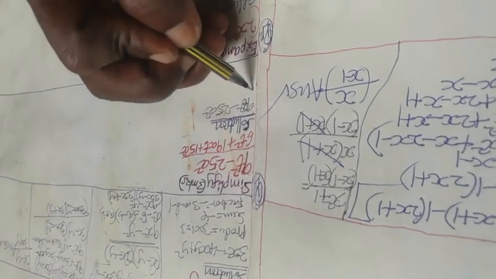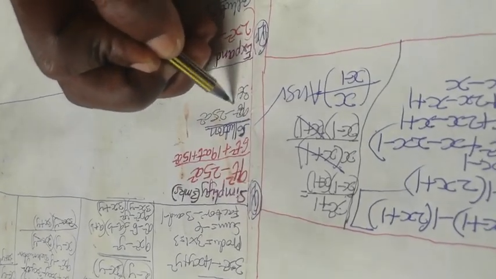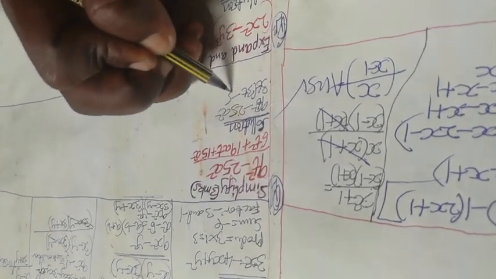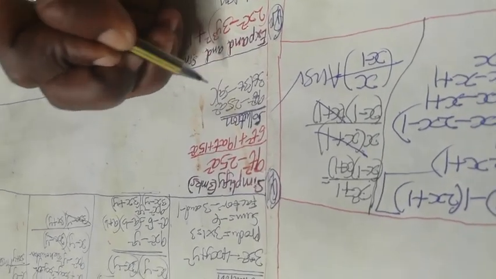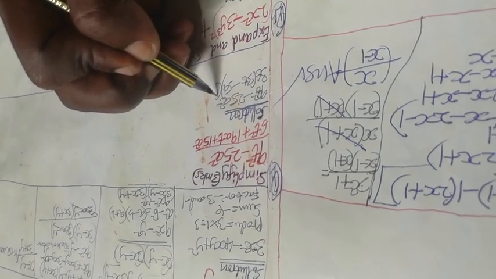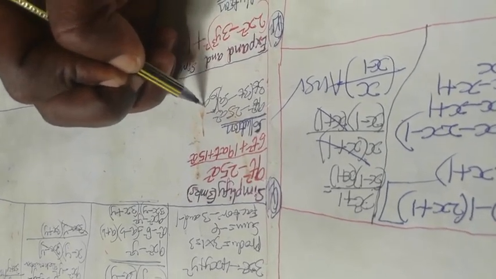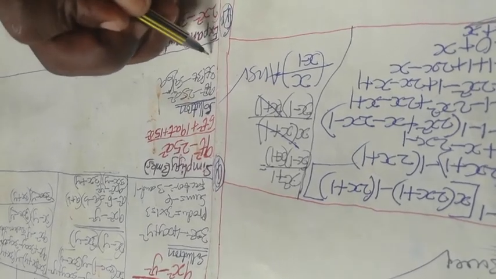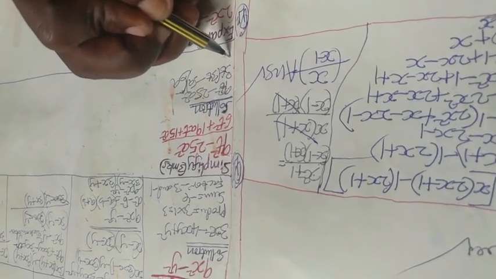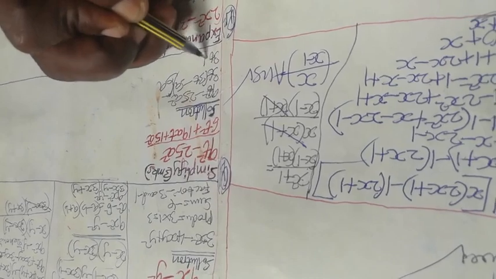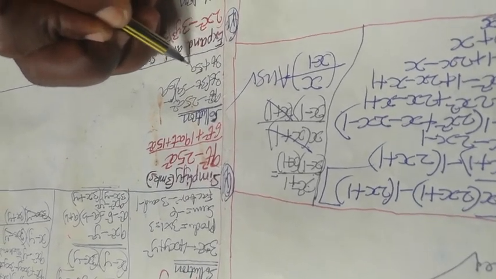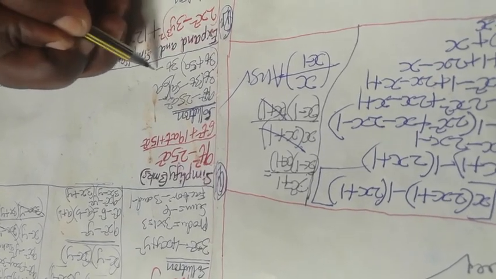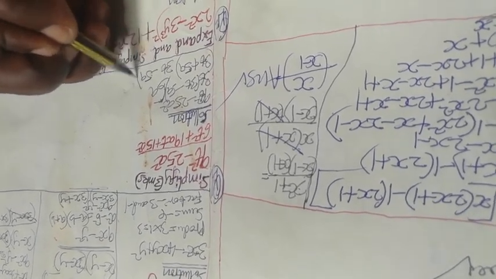Here we say 3t in brackets, 3t minus 5a in brackets, 5a. This will further give us (3t plus 5a)(3t minus 5a).